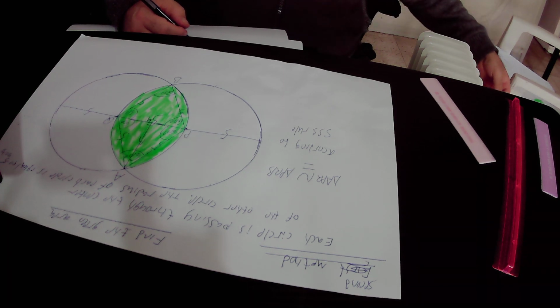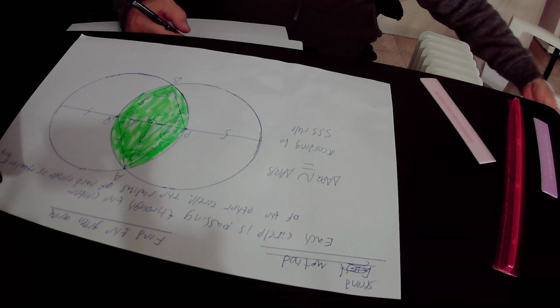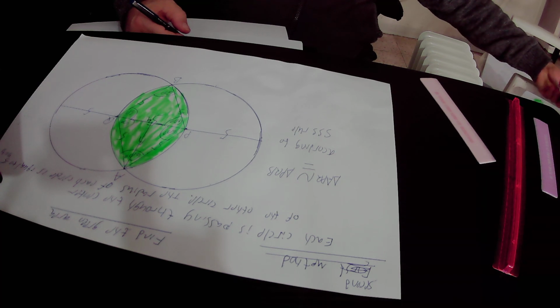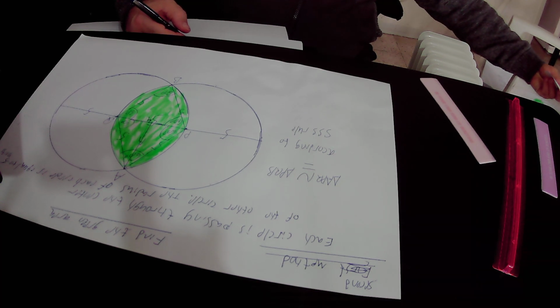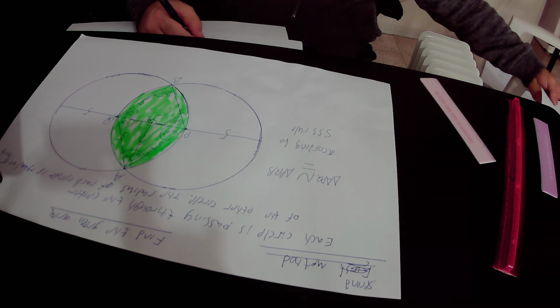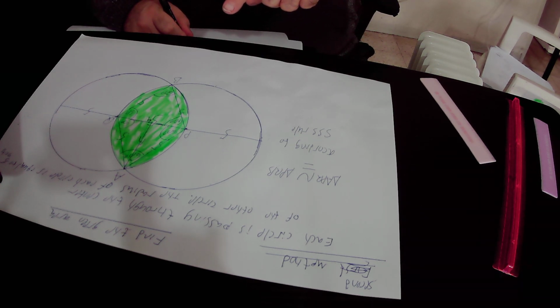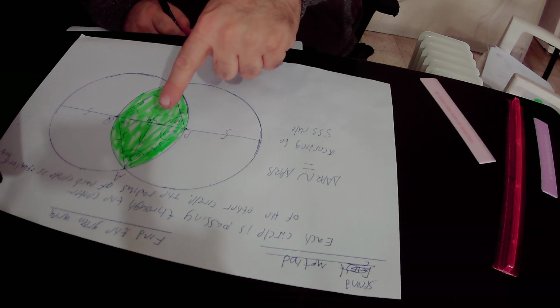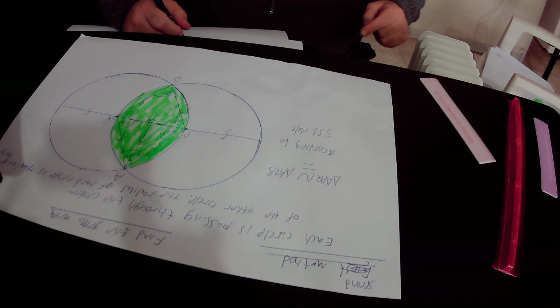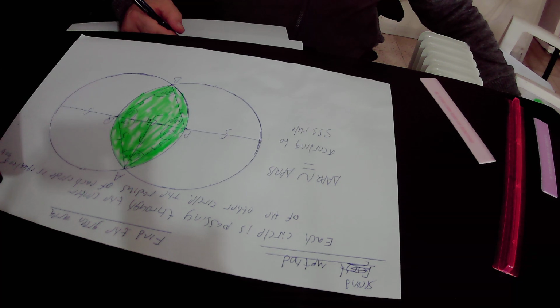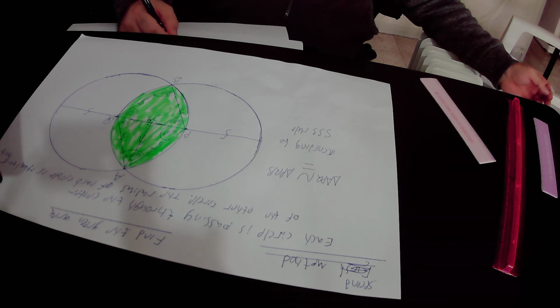We have already found out that the area of sector APQ equals pi r squared over 6, and the area of triangle APQ equals 25 times square root of 3 over 4.